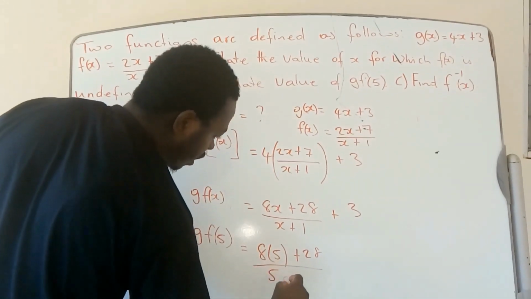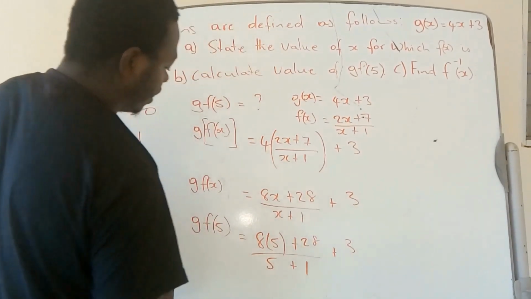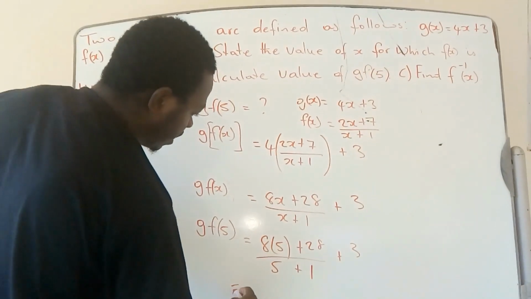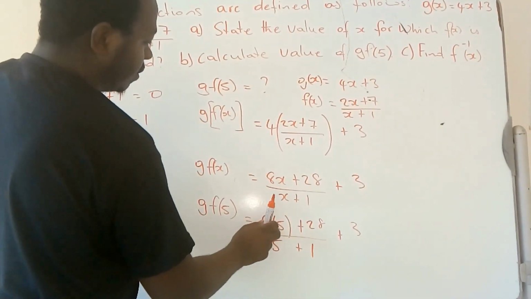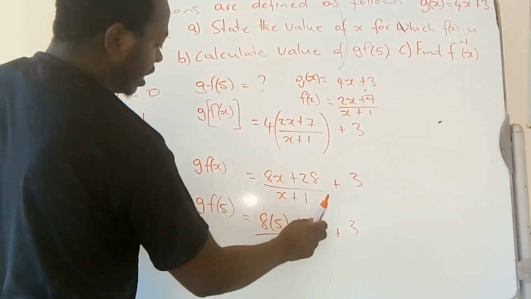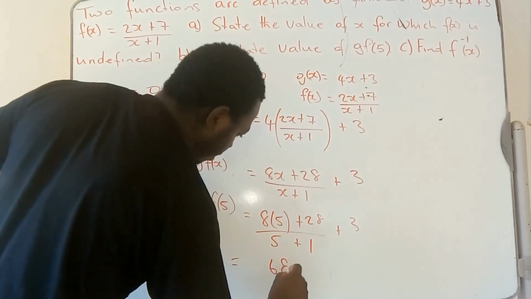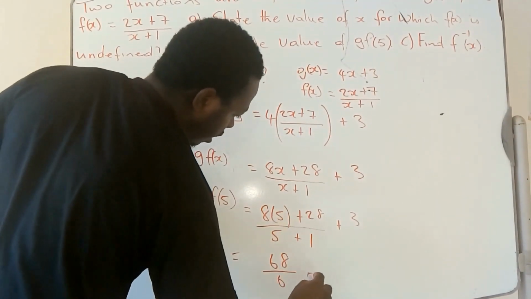So that's just 5 plus 1 plus 3. We can simplify this to get 5 eighths, that's 40. 40 plus 28, that is 68, all over 5 plus 1, that's 6.